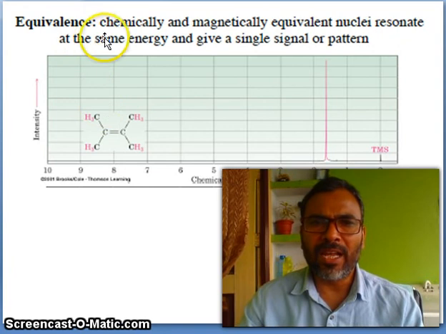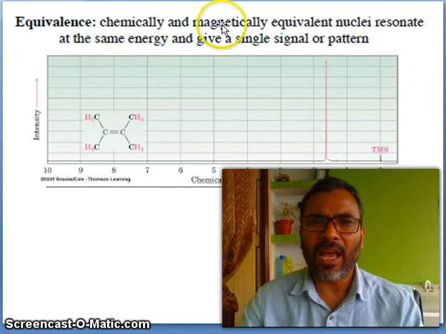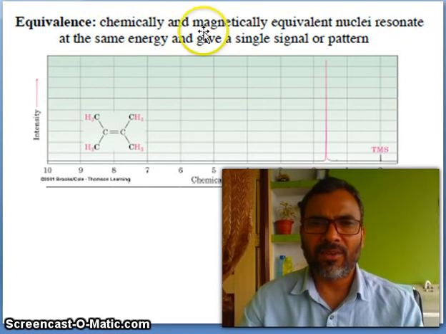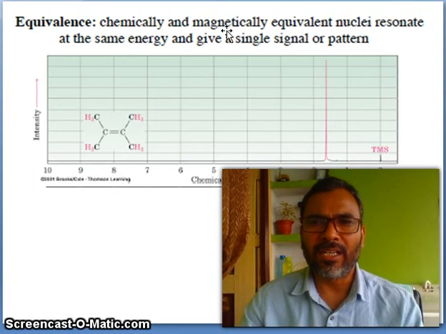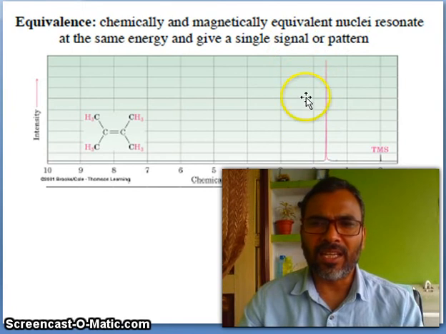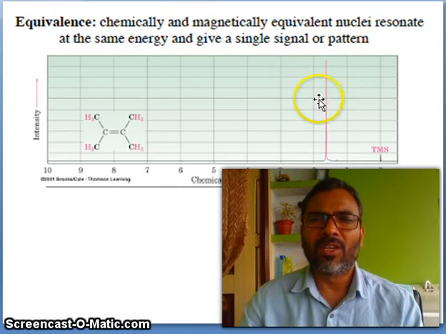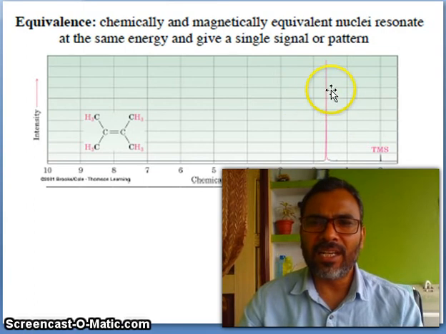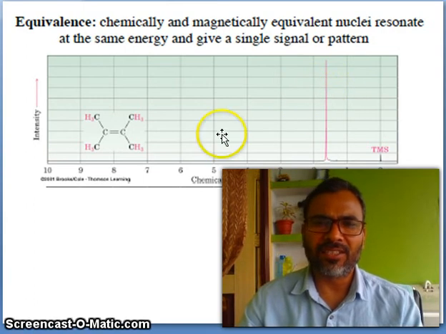So equivalence means chemically and magnetically equivalent nuclei resonate at the same energy and give a single signal or pattern. This is a single signal, a singlet.